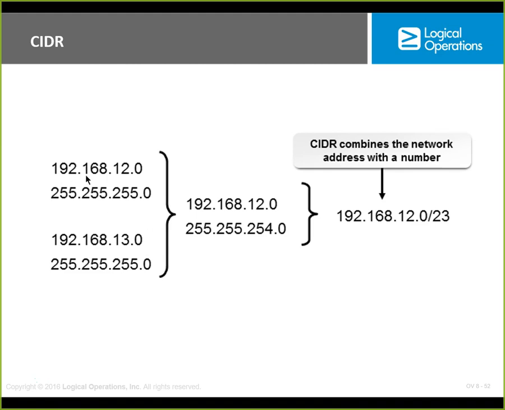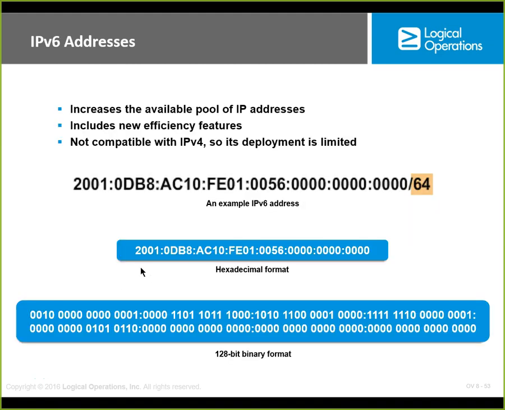But 192.168.12 with a 255.255 would be /24. The 255.255.254 is actually going to be /23. Each of these, the 192.168 with the 255.255.255 would be /24 for the CIDR notation.